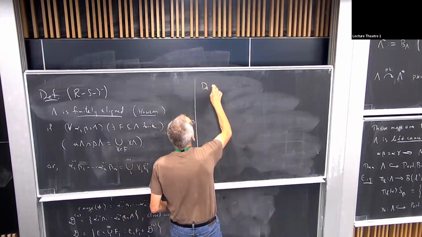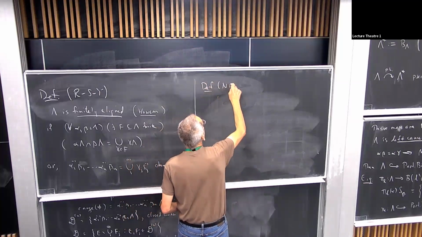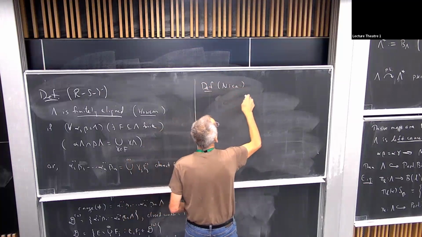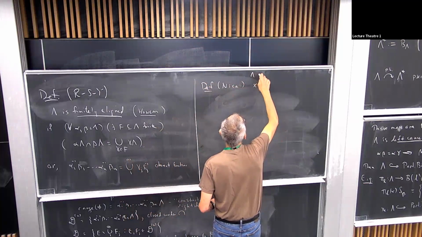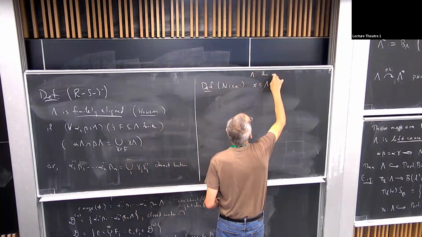So here's a definition that comes from Nika's paper. A subset X contained in lambda. Here I'm assuming that lambda is finitely aligned.